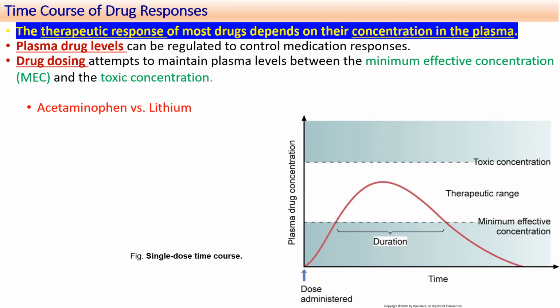When the drug has achieved plasma levels that are effective and non-toxic, that's when we say that the plasma level is within therapeutic range. The range should be above the minimum effective concentration.